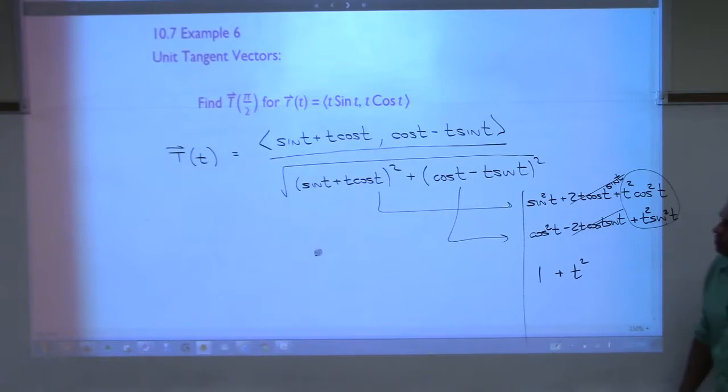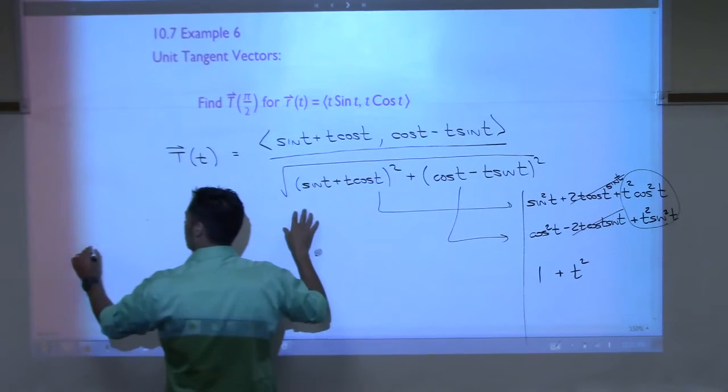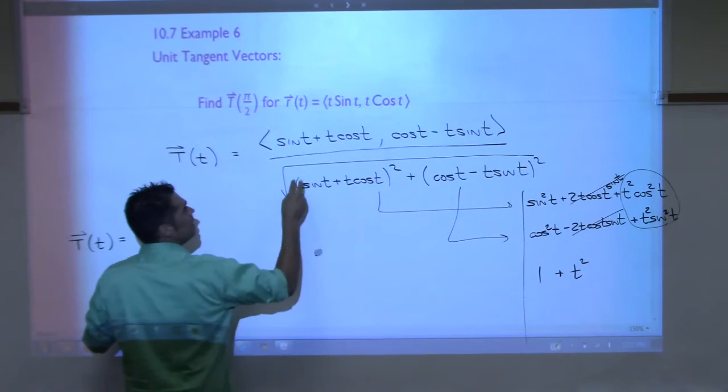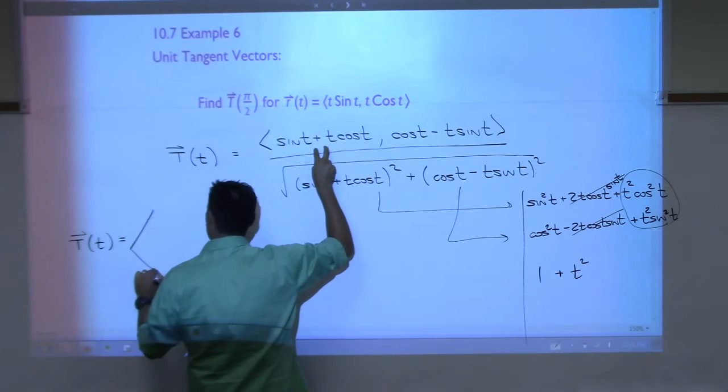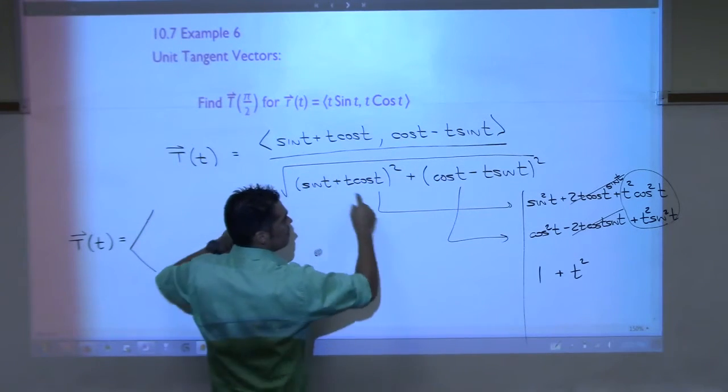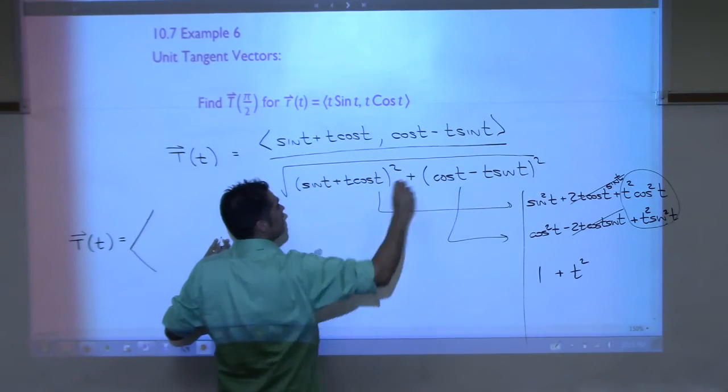And that's it. So if I come back over here, the unit tangent vector should be each of these components divided by that. And that's all underneath the square root, right? Don't forget we're underneath the square root on that.